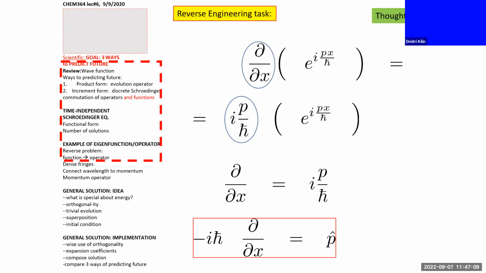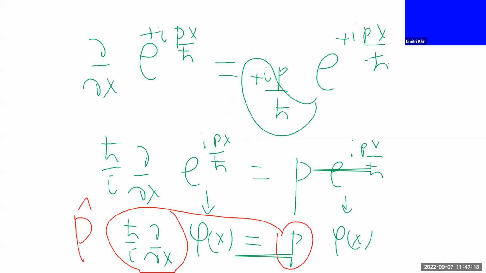And this little exercise of taking the derivative of the plane wave gives us an example of an eigenvalue problem. So the Schrödinger equation is not the only eigenvalue problem in science and math. Here is an eigenvalue problem for the momentum operator. By acting with the momentum operator on the unknown wave function, we need to get the value of momentum times the unknown wave function. And if you solve this equation, the solution will be a plane wave, right? So we started in the reverse direction.